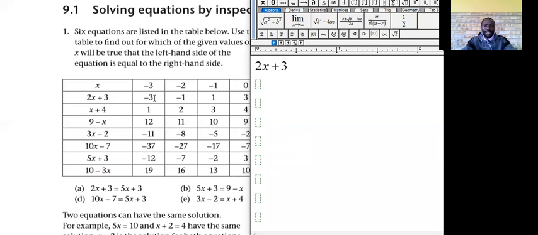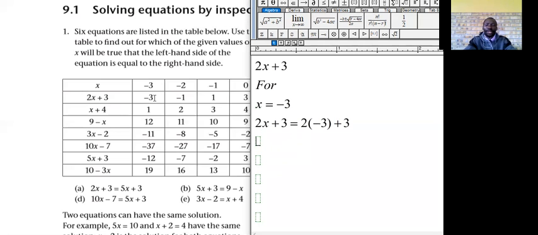So for x equals -3, 2x plus 3 is going to be equal to 2 times x, which in this case is -3, and to it we have to add what?